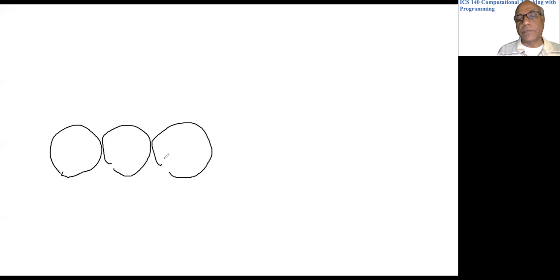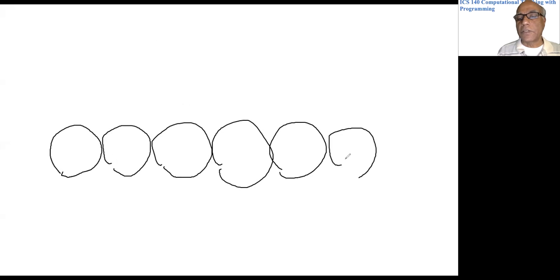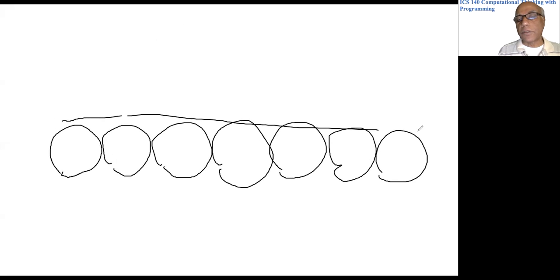There are 7 circles. The next thing is figuring out where the centers are going to be. There are 7 circles, right? 3, 5, 6, 7, and they are all in a box.